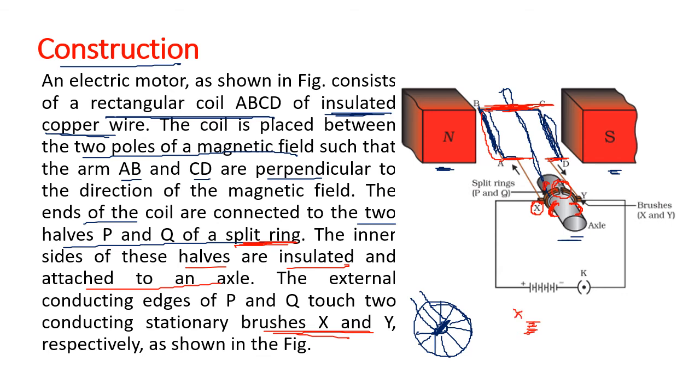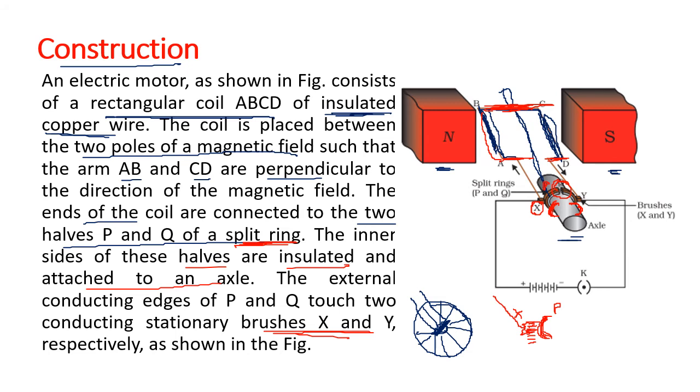This brush X touches this split ring P. At the end of the wire there is a brush. Why is the brush put? Because the hair will touch the split ring, but there is no permanent contact. And we will see why there is no permanent contact.